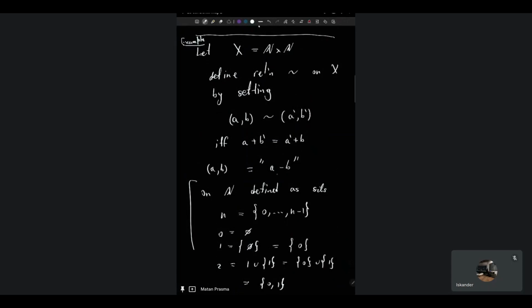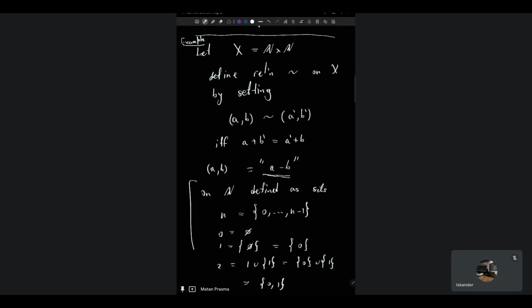I kind of want to represent the quantity a minus b. And if I can represent the quantity a minus b, then of course I take, for example, a equals 0 and b equals some integer, and I get all the negative numbers.